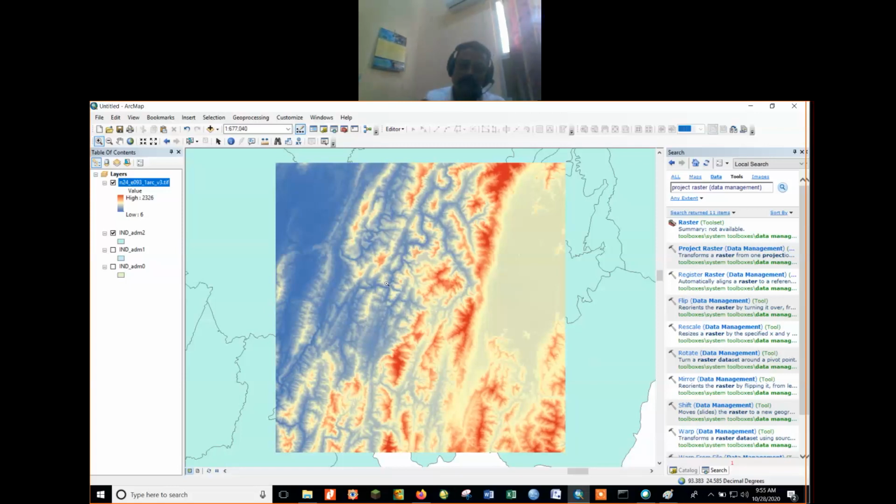Now the software is working on it, and then ultimately every grid or every pixel will be reprojected onto a flat surface. After that, we can extract the terrain parameters. Then we'll discuss what further we can do with this image.